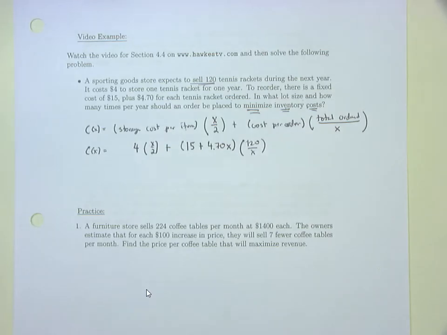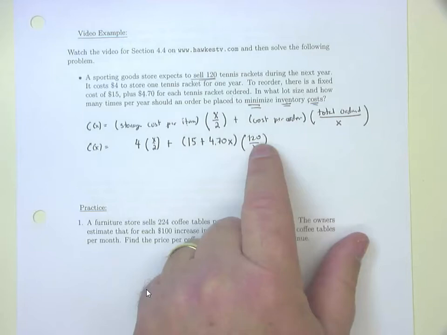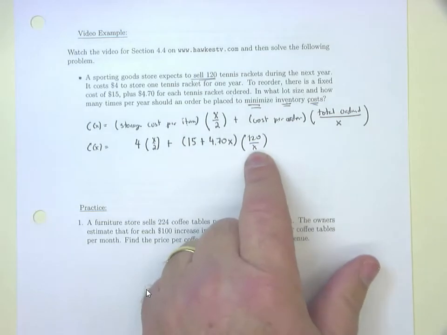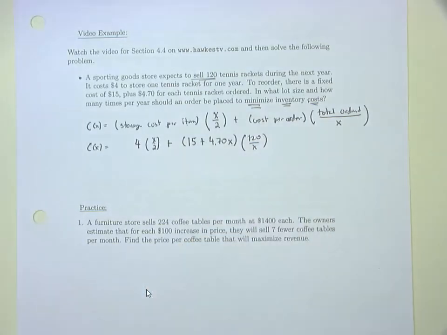Does that make sense? So maybe better, instead of doing it just one time a year, maybe 2 or 3 times a year is how many times I should be ordering. Okay? So the total ordered is 120. X is the lot size, how many I'm going to order each time. Does that make sense? All right.